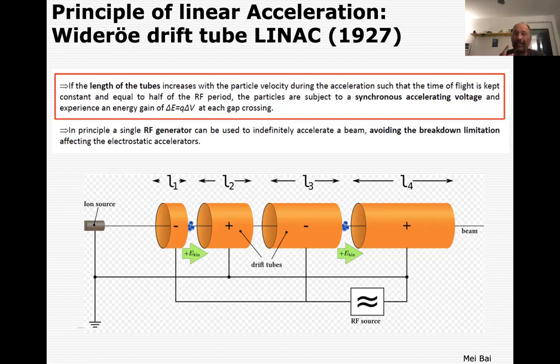But what is the idea? The idea is that the length of the tubes increases with the particle velocity, so you make it longer and longer during the acceleration, such that the time of flight is kept constant.